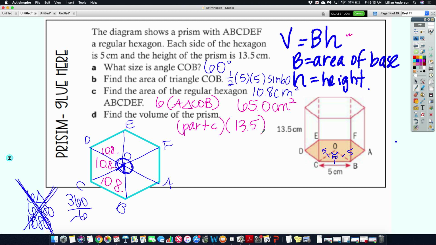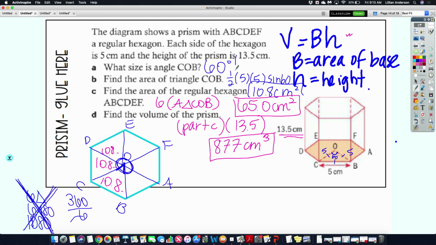What do you get? 876.85. And volume, the units are what? Cubed. Volume is cubed, area is squared. So there you go.